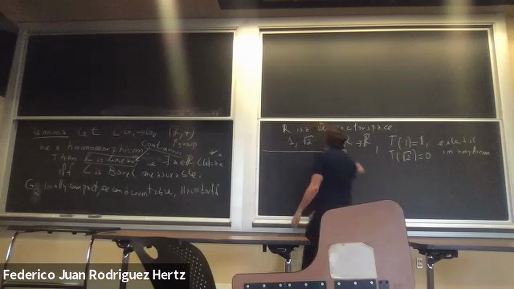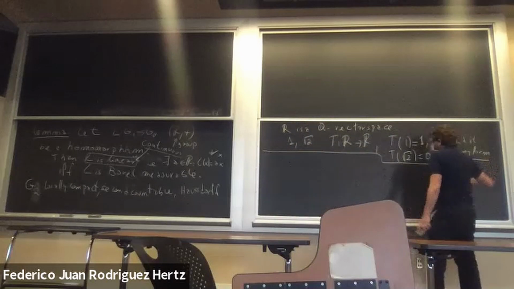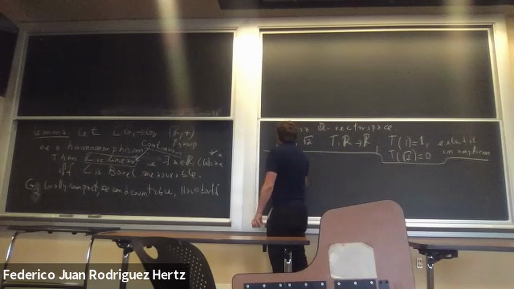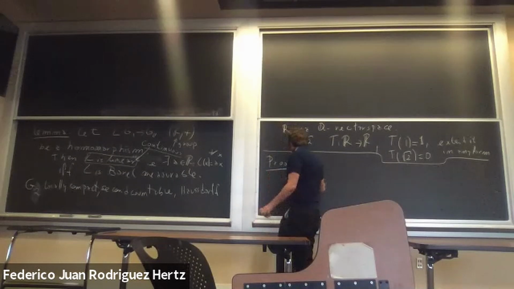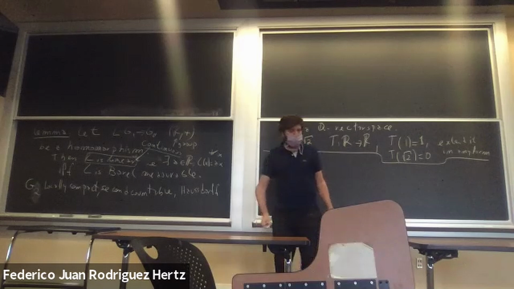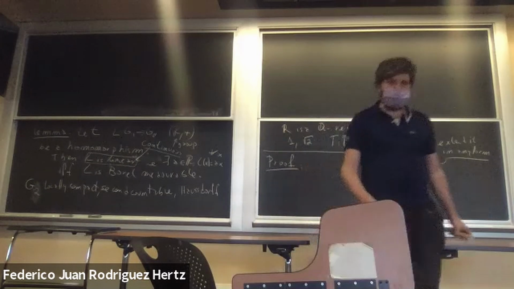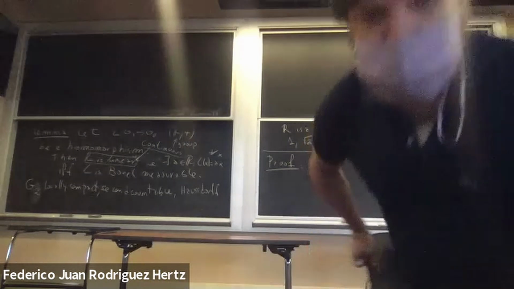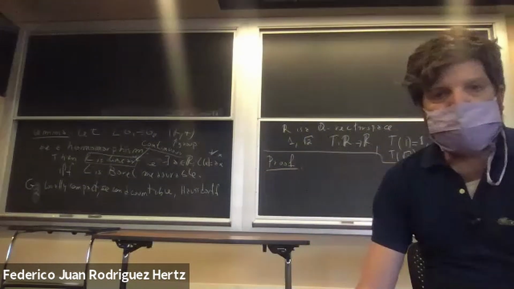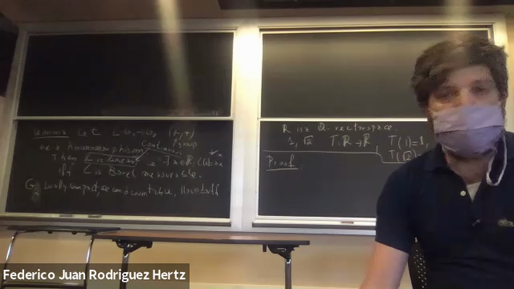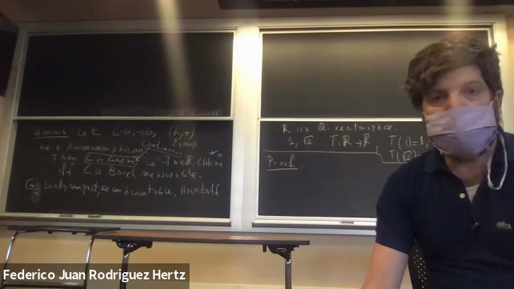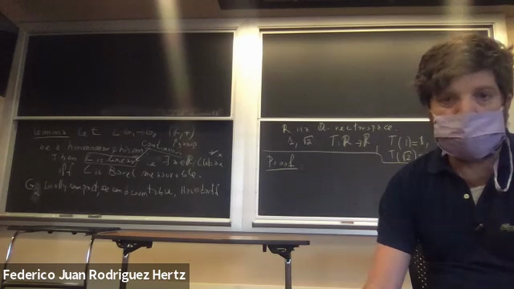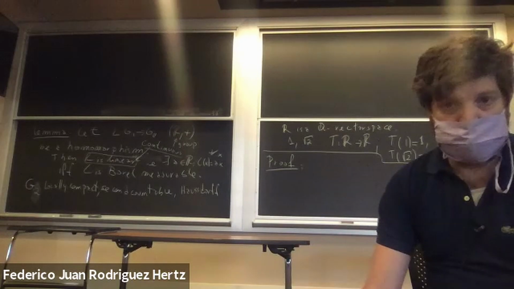So let's try to build a proof of this. So first thing to think about is whenever you have a locally compact group, you have to think on Haar measure.